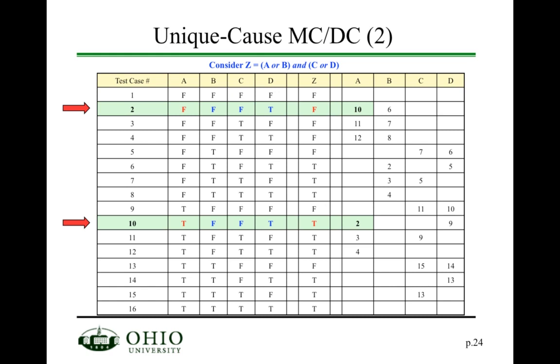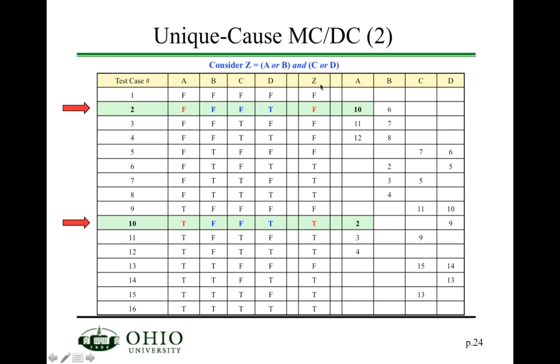The same is true for test case 3 and 11, because 3 means false, false, true, false and 11 means true, false, true, false. So 2 is combined with 10, 3 with 11, 4 with 12. But 5 would be true, false, false, and going from false to true would not change the outcome. So hence there's nothing in this item.